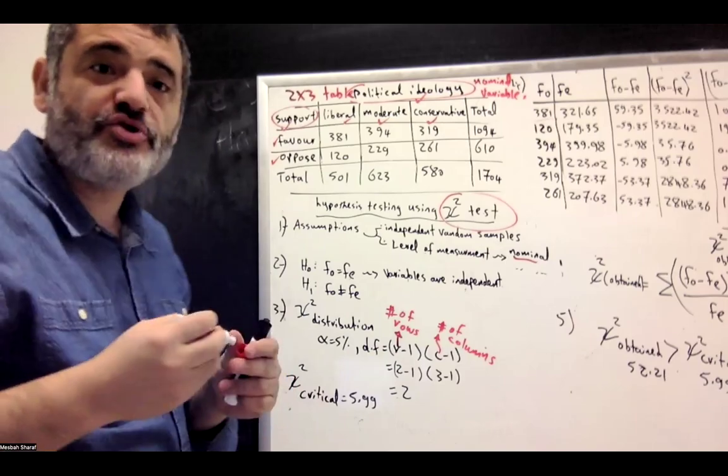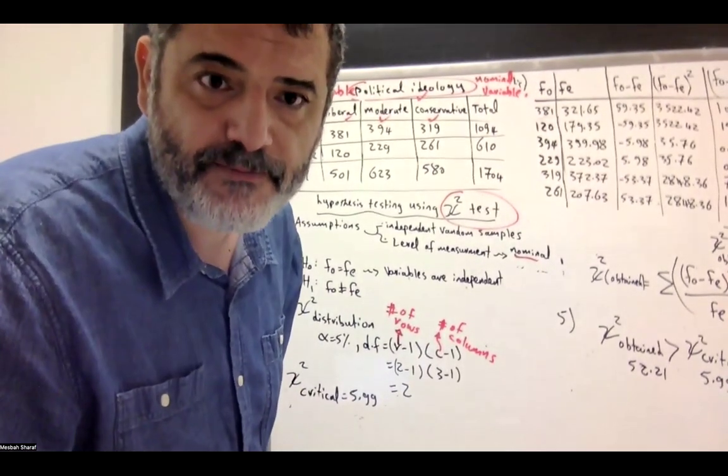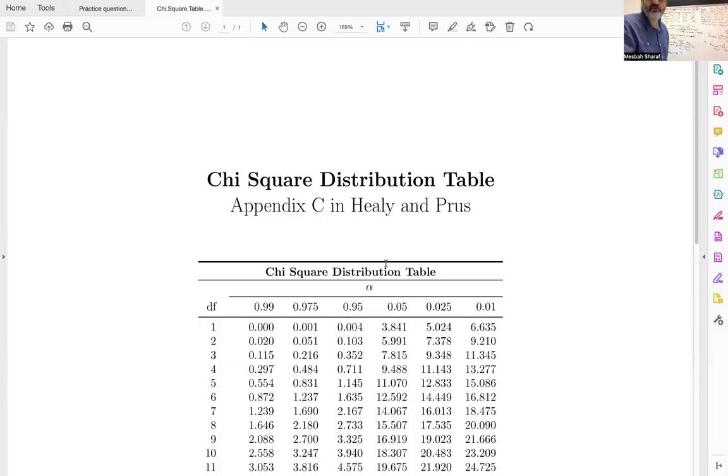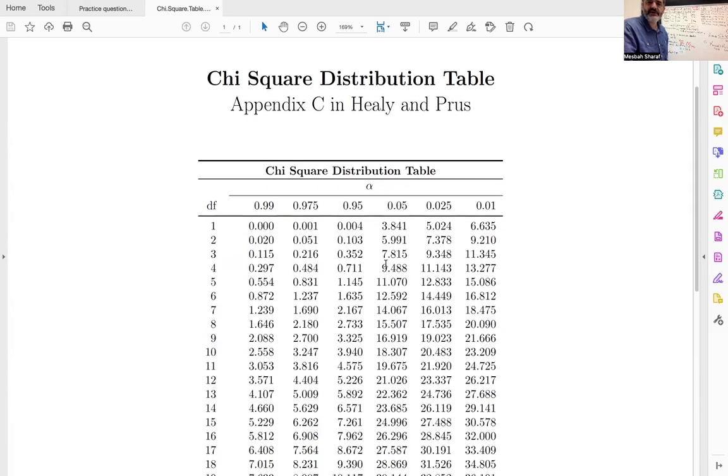Then you go to the chi-square table. Let me get you the chi-square table. Here it is. This is the chi-square table that will be provided. This is where you're going to be getting the chi-square critical. So alpha is what? Alpha in this question is 5%. 0.05 is 5%. And the degree of freedom is, as I said, R minus 1 times C minus 1.